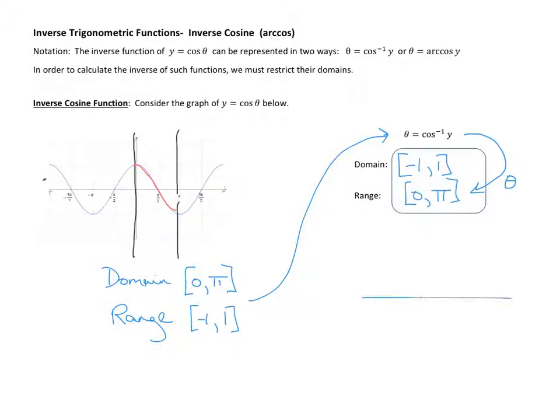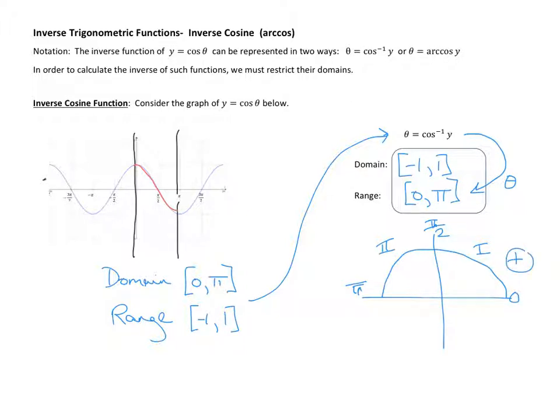Let's look at this on the unit circle. Here we have 0, here we have pi over 2, and pi. In this case, for cosine, we are restricted between quadrant 1 and quadrant 2. For cosine, quadrant 1 always produces a positive trig value.